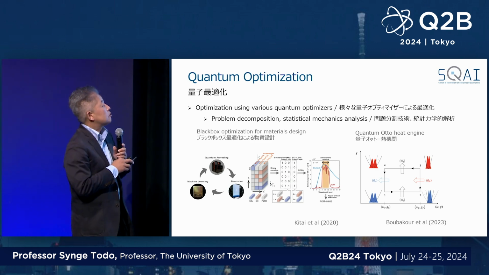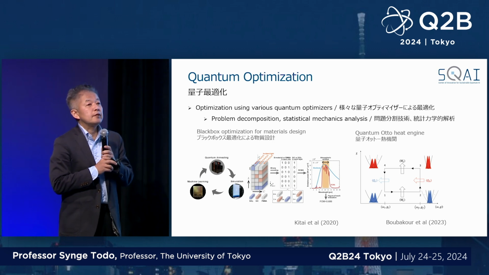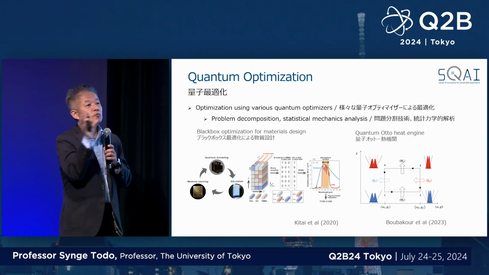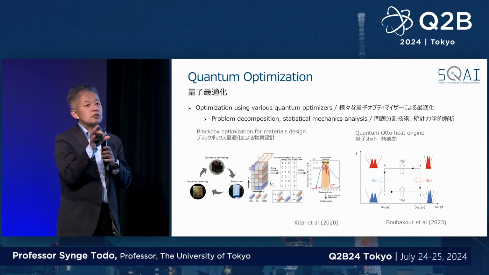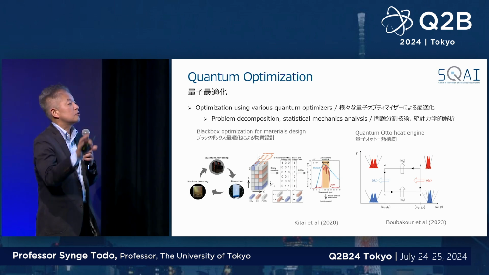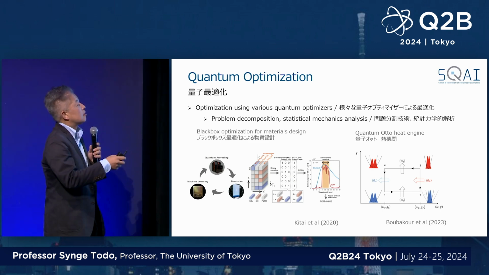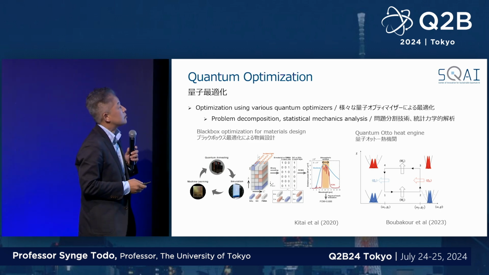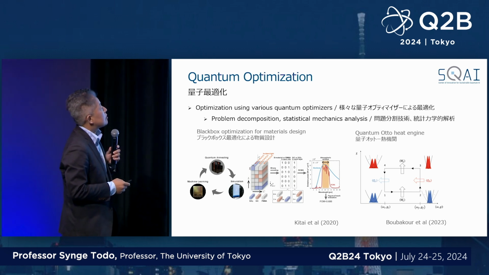For those problems, for example, the condensed matter physics is a typical problem. Once material structure is given, property can be predicted easily. On the other hand, from property to structure, in this reverse process, it's very difficult.